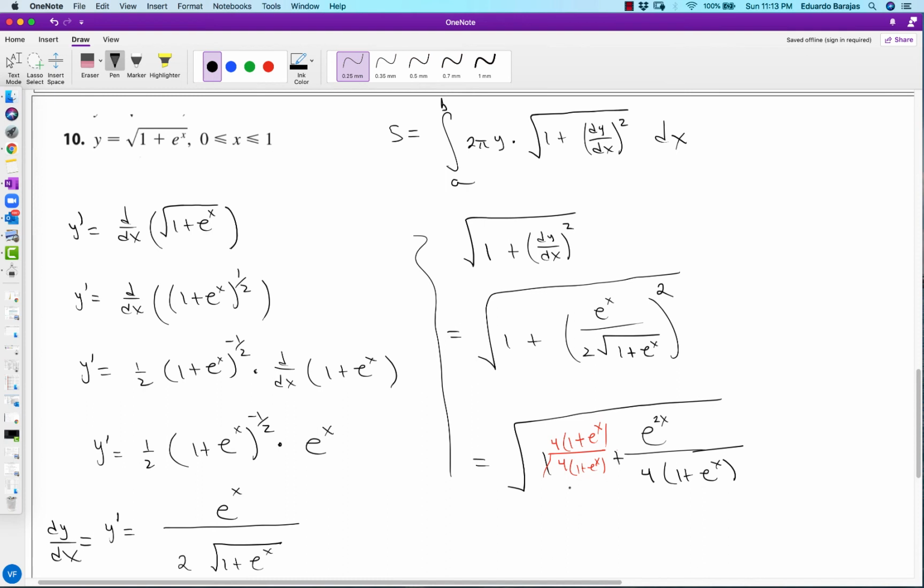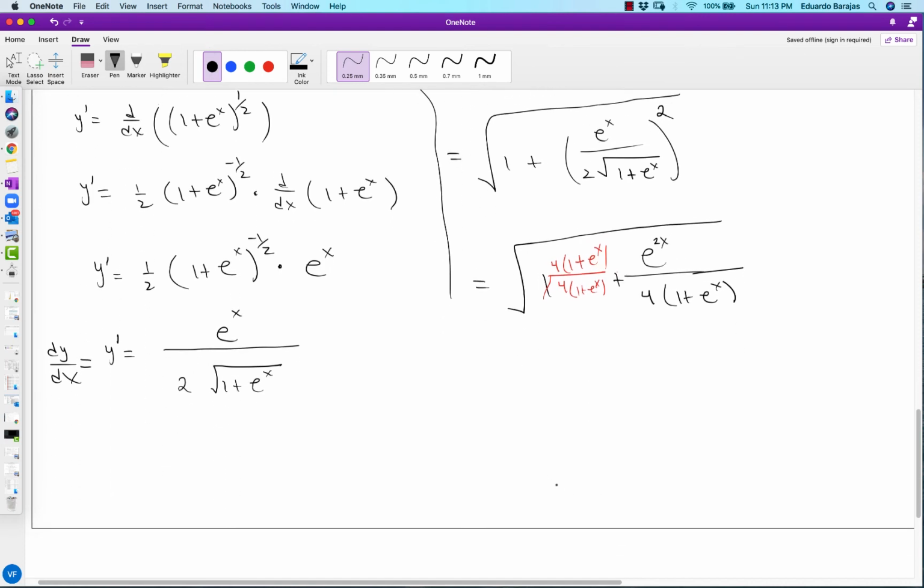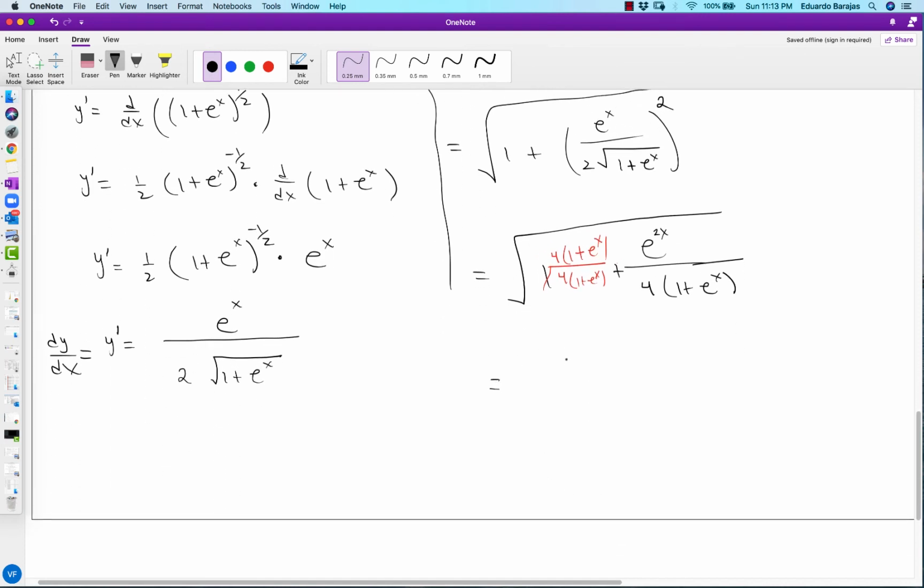Right, so this is another version of 1. The numerator is identical to the denominator, and so now we can tuck it all under one big happy fraction and say that this is 4 times (1 plus e to the x) plus e to the 2x, all over 4 times (1 plus e to the x). All of that gets square rooted.